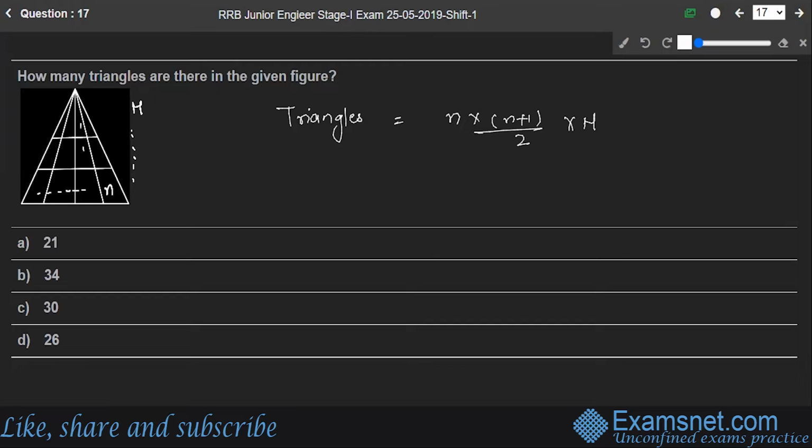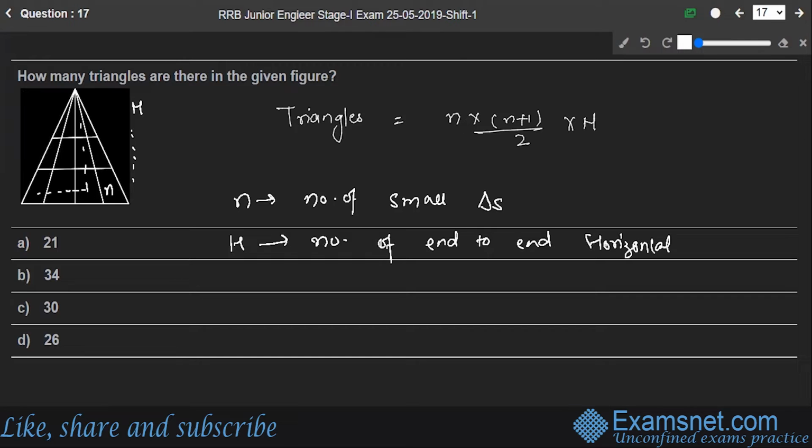Okay, like how many stairs are there over here? So, n represents number of small triangles and h represents number of end-to-end horizontal lines.